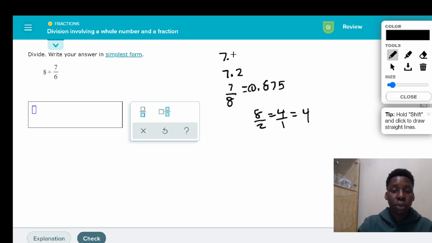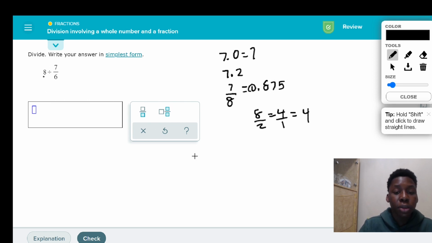As long as it's not 7.0, right? 7.0 is the same thing as 7. Anything point zero is the same thing as the same number. But as long as it's not point zero, it's not a whole number, right? So in this case, the whole number in this question is 8, because it is by itself without any form of decimal point or whatever. So this here is the whole number.